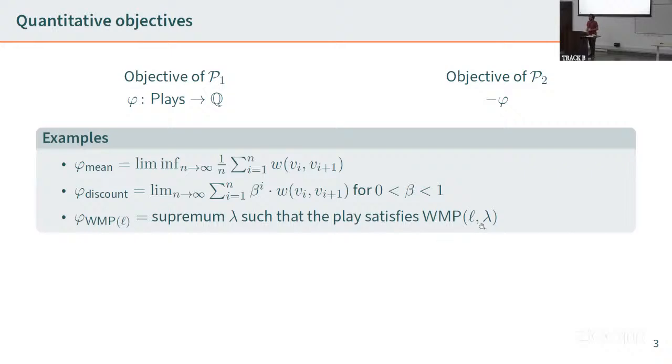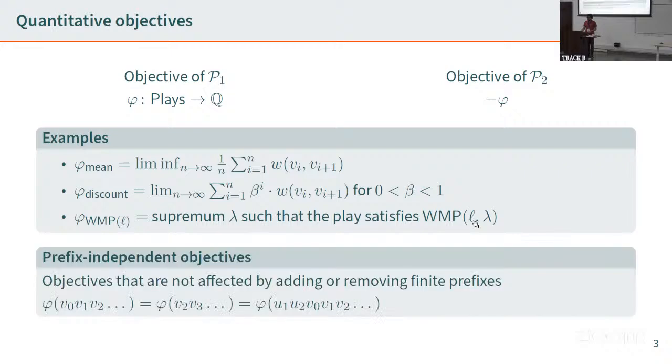What happened in the previous talk was that we exclusively looked at lambda equal to 0, as in we wanted the window mean payoff to become non-negative after L steps. However, here we'll look at any arbitrary rational number lambda, and given a play pi, this objective tells us the supremum value of lambda such that your play satisfies the window mean payoff with this threshold.